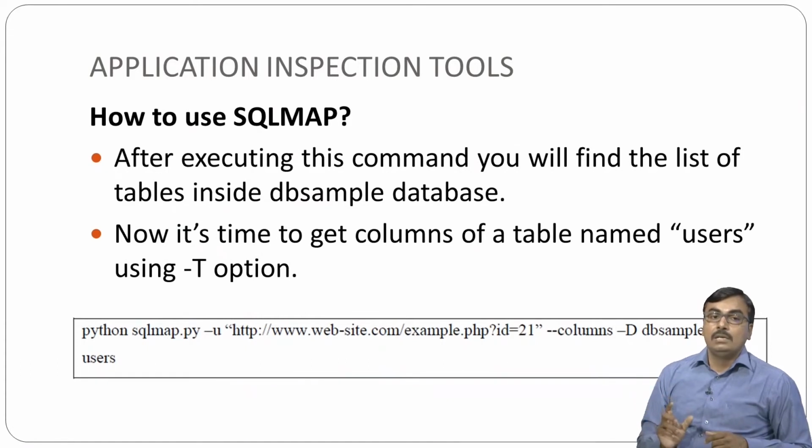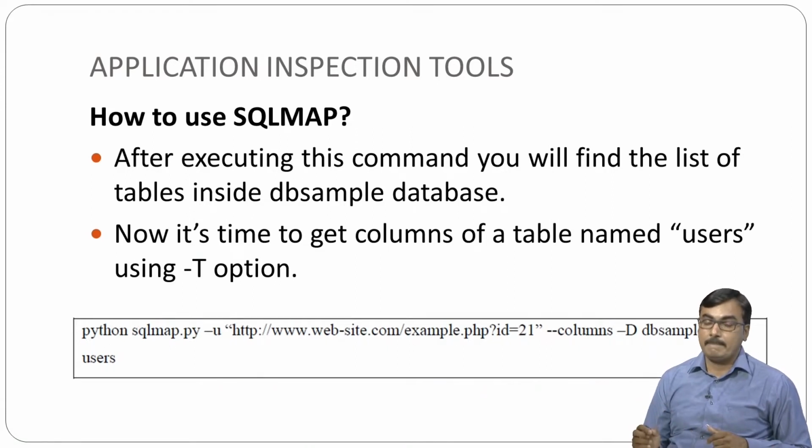DB sample is my database name and users is my specified table. By observing this command, you will get the column list: python sqlmap.py -u, then the vulnerable URL, then --columns.